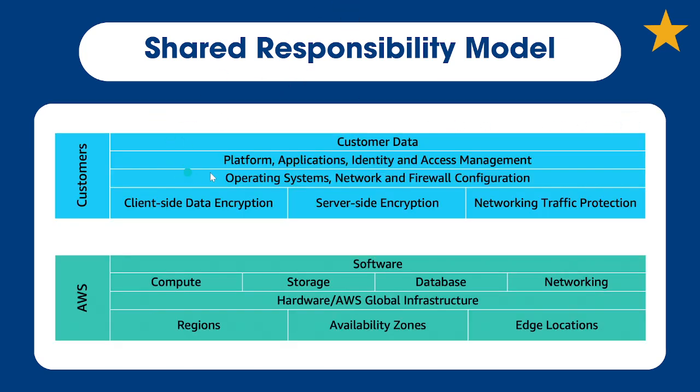All right, so here's a little diagram on the division of labor, you can say, when it comes to security in the cloud. So AWS handles software, all the different resources: compute, storage, database, networking resources. They handle the hardware: the regions, availability zones, edge locations. They make sure that this is not only up and running, but also working as intended.